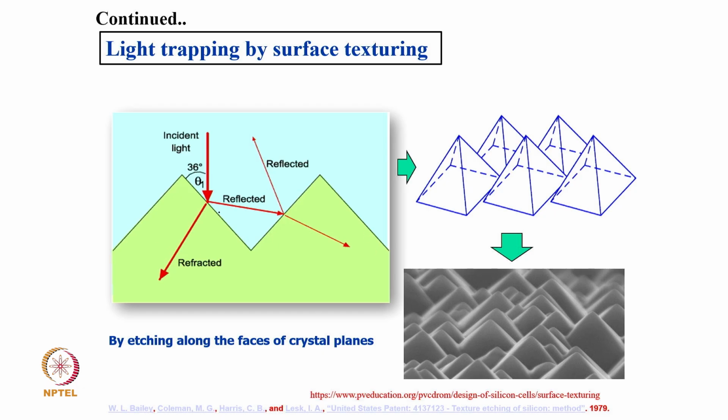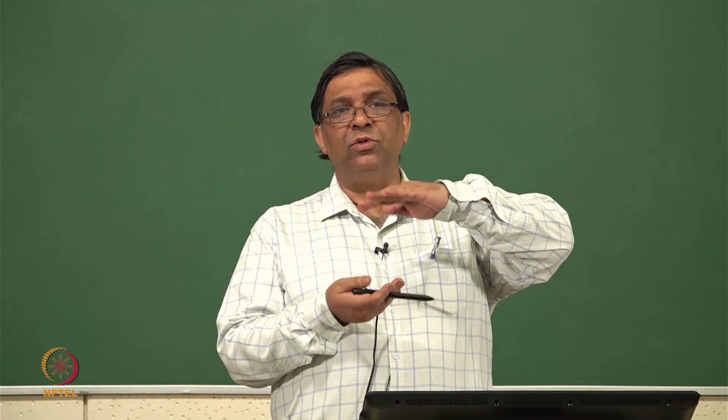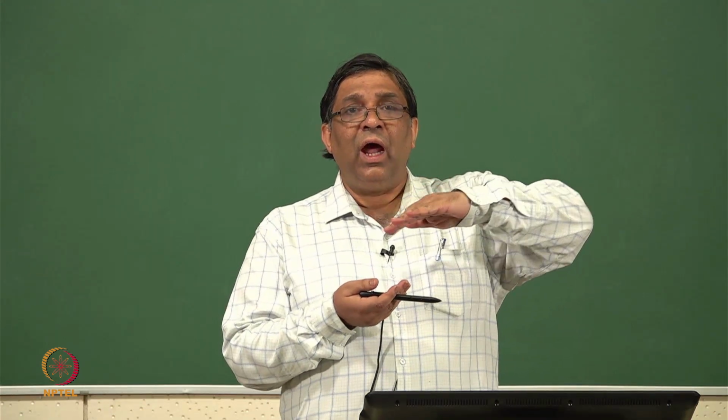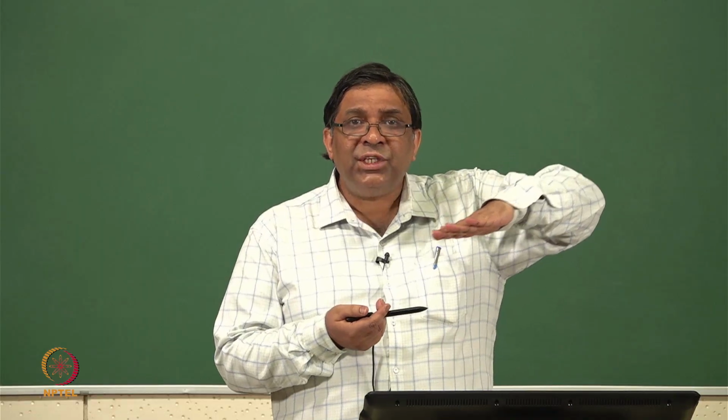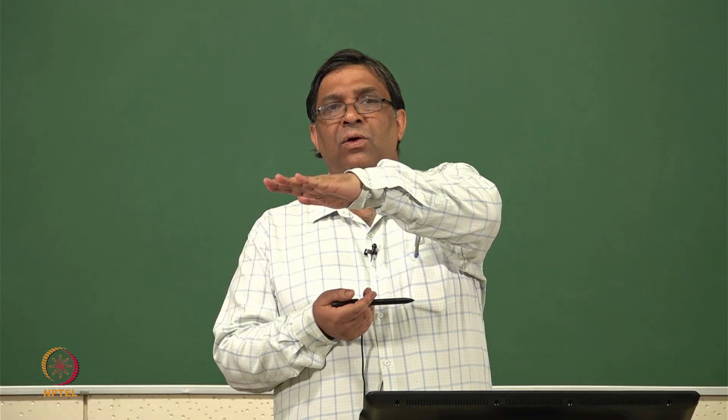You can see that it is a triangular surface. Look at here. So here, what you do is, you have silicon. Silicon is a crystal, a cubic symmetry crystal, and then you chemically etch it along certain phases.